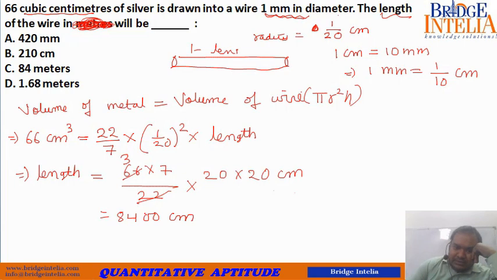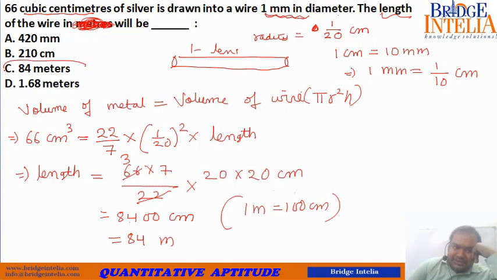So okay, none of the options matches. Then we can convert it into meters. So that is equal to 84 meters, because 1 meter is equal to 100 centimeter. So this is the correct answer.